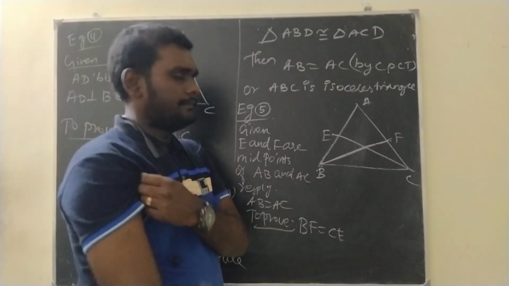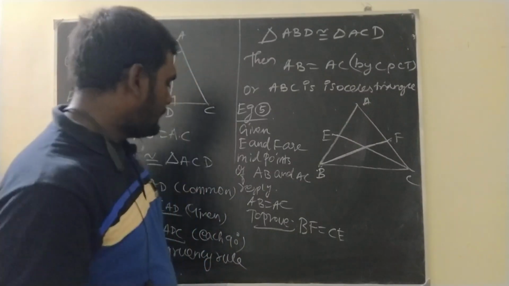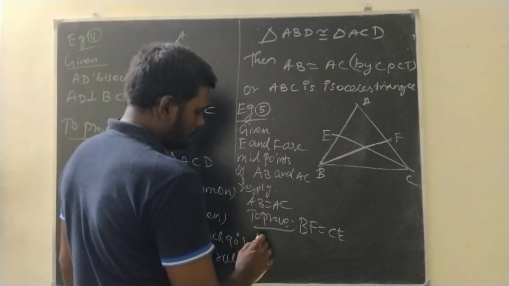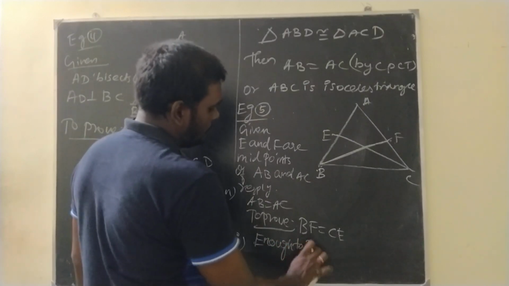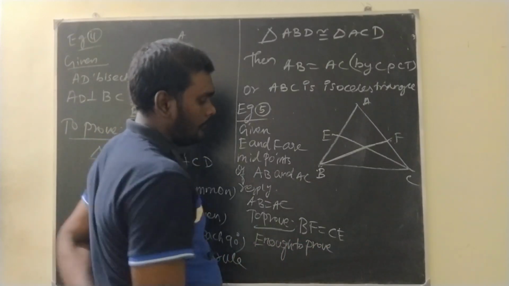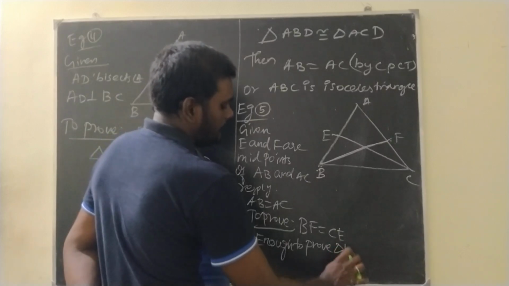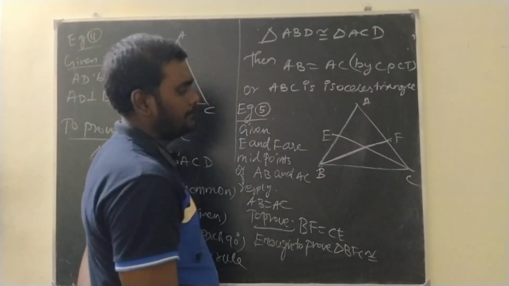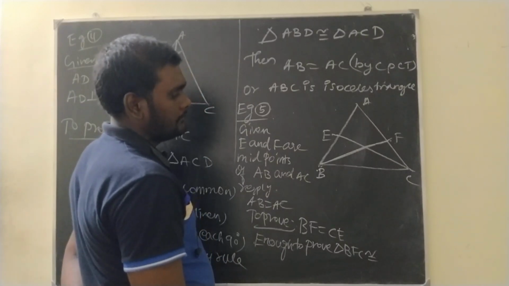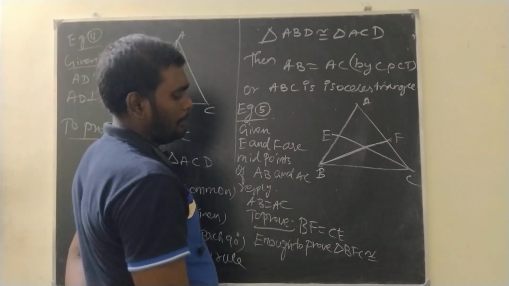Either way we can take. So, if we take BFC, it is enough to prove triangle BFC is congruent to triangle BEC.